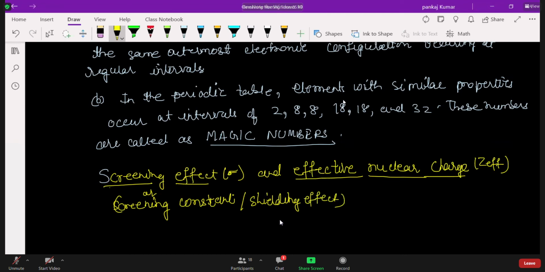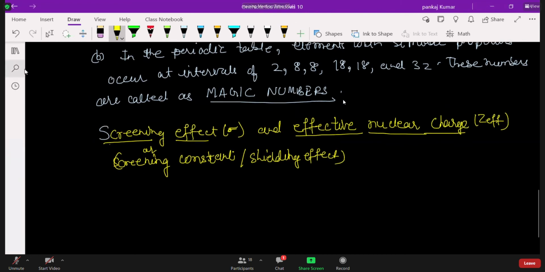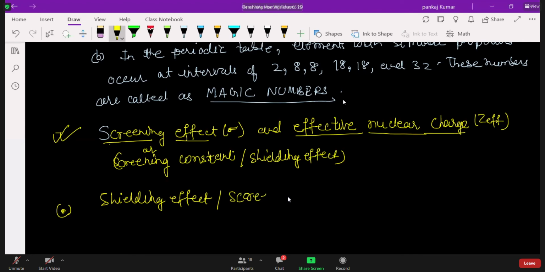Okay, let us see what the shielding effect is. First you write it down, and then we see the effective charges. So let us see the first definition. First is your shielding effect, or we can say screening constant. So what is the effect? The decrease in force of attraction. After that, I will show you how it affects the force of attraction.